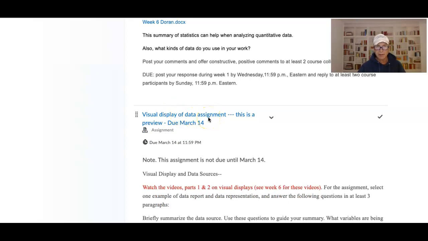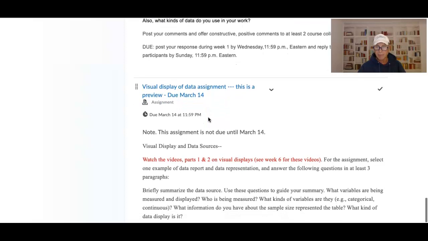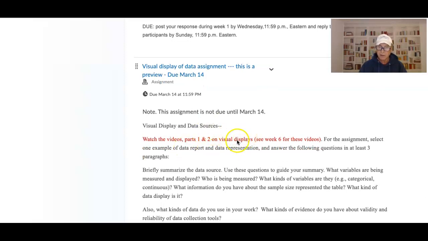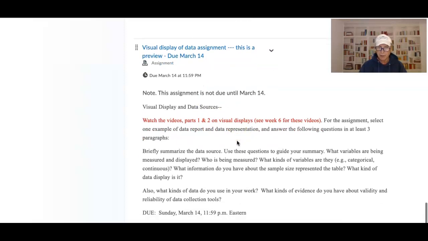I also wanted to put down here, we do have a visual display assignment coming up on March 14th. Now, this isn't due this week. This is due in a couple of weeks, and really it's a continuation of what we're starting this week. You're not going to be using the same source, although you might decide to, but you take a look at the videos included this week, and then select one example of a data report or representation and follow the questions in at least 3 paragraphs.